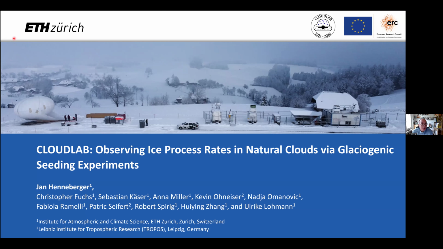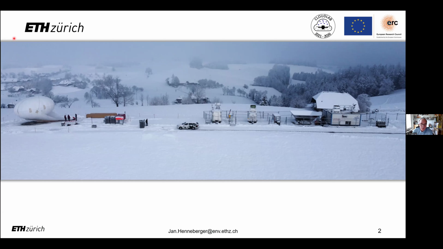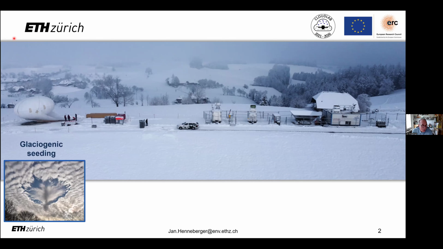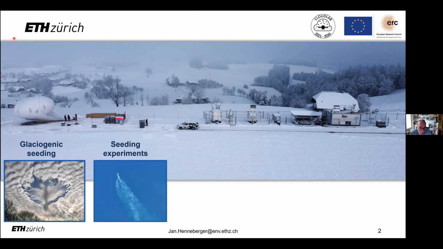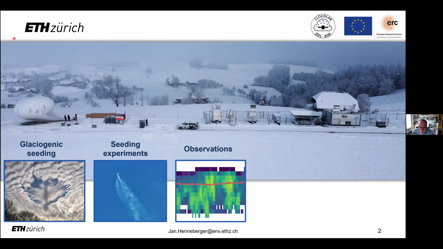So just have to check that I can go to the next slide. Okay. So here's already a picture of our field site where we do the seeding experiments, and a bit of an overview of my talk. I will start talking about glaciogenic seeding, what it is and how we are using it. Our seeding experiment, that is actually a picture of our UAV drone where we burned a seeding flare.